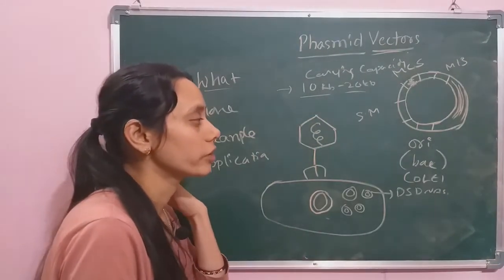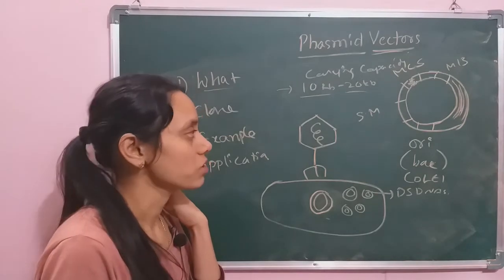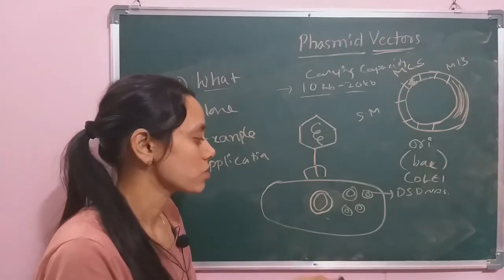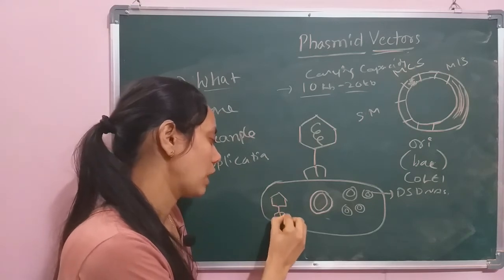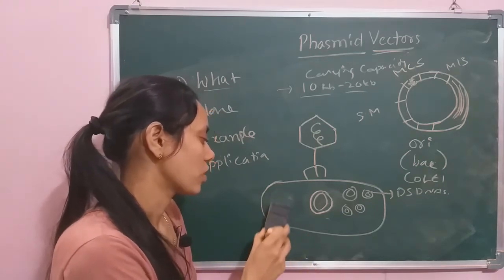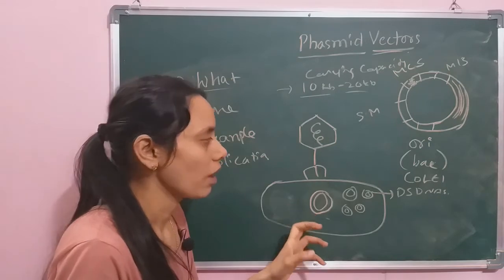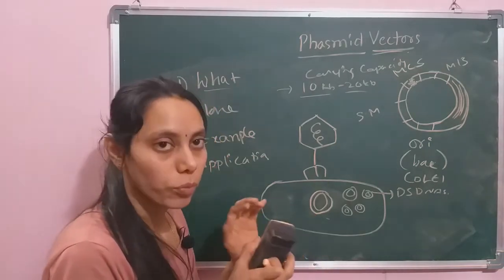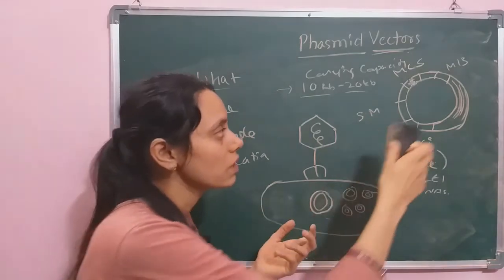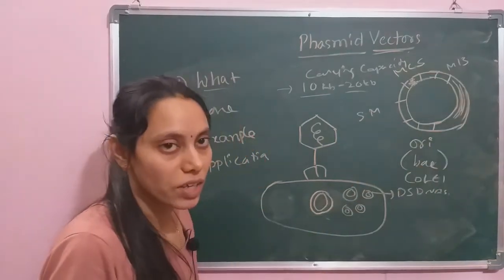It cannot go for the rolling circle mode of replication because all the genes responsible for the protein coat production are eliminated while constructing this vector. That means it only has the origin of replication and some of the portion which is responsible for its replication as a single-stranded DNA.